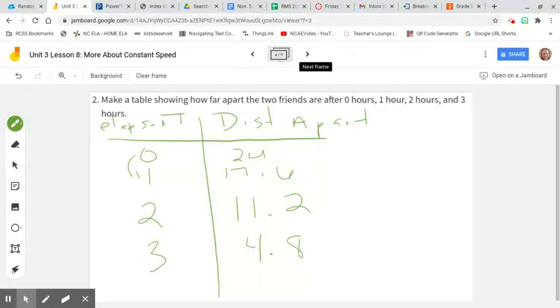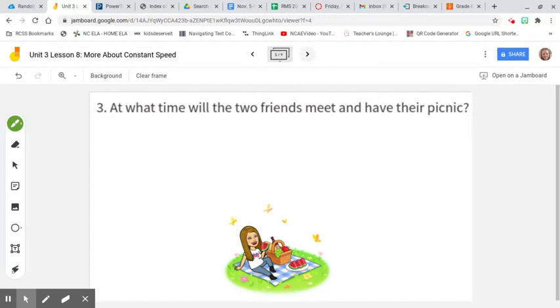Question 3 says, at what time will the two friends meet and have their picnic? Since the distance between them is decreasing by 6.4, and the 6.4 comes from the 3 miles per hour that Kieran is walking, plus the 3.4 that Claire is walking, that equals 6.4.